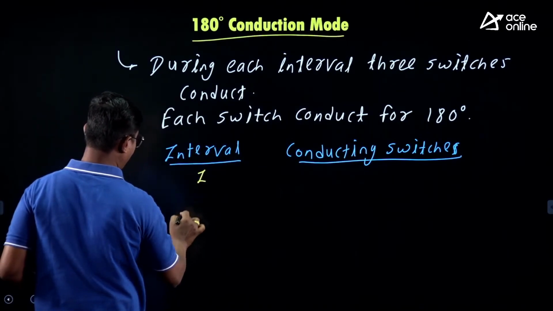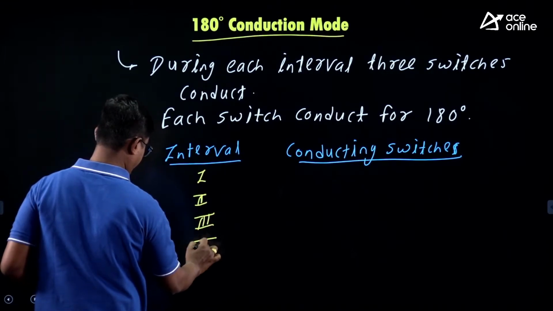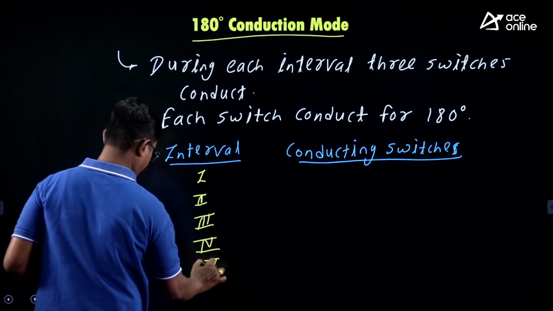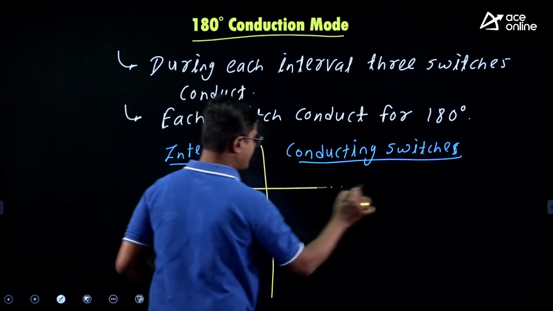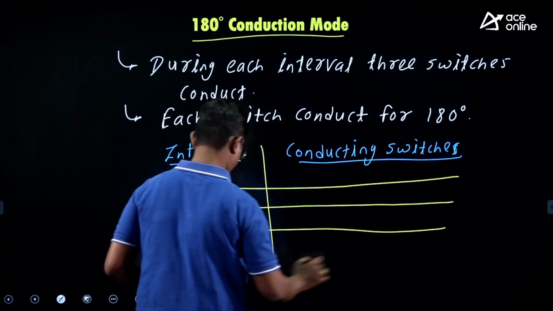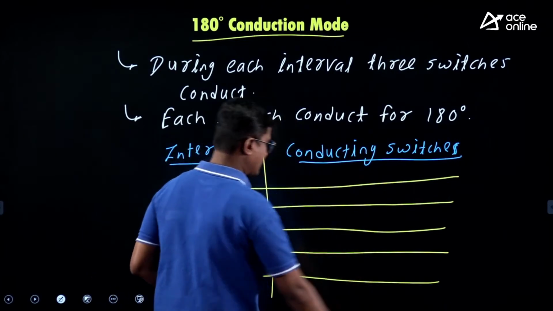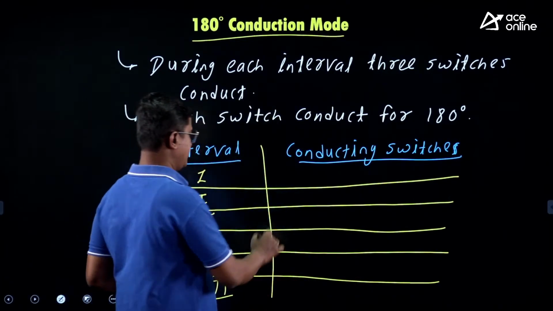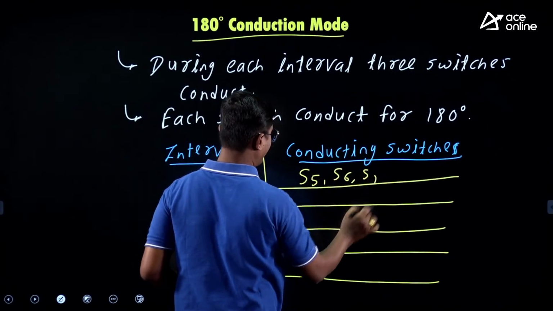We are having 6 intervals, and during each interval, 3 switches will be in a conduction mode. First interval: S6, S5 and S1.